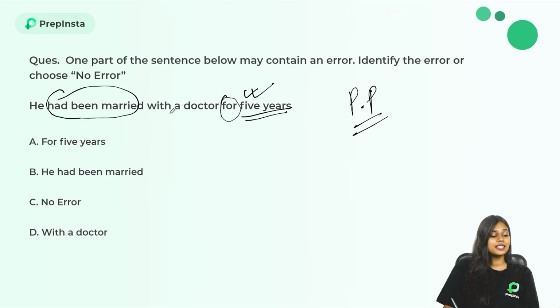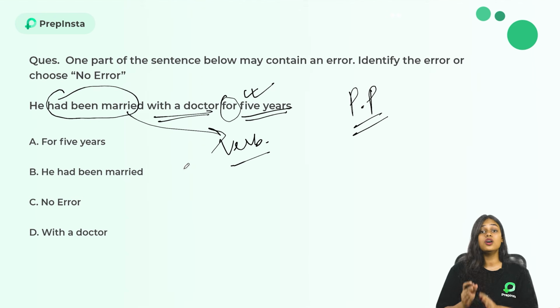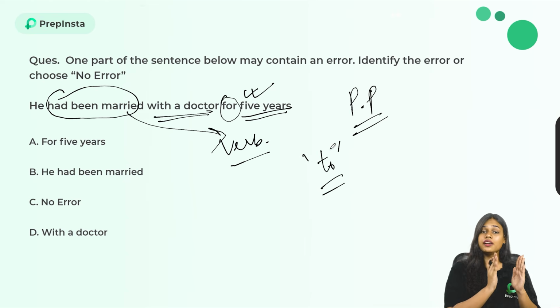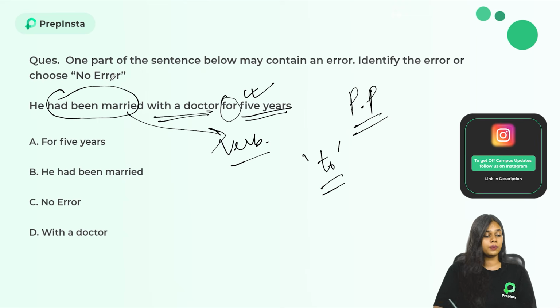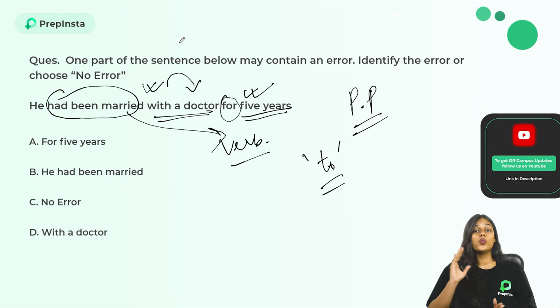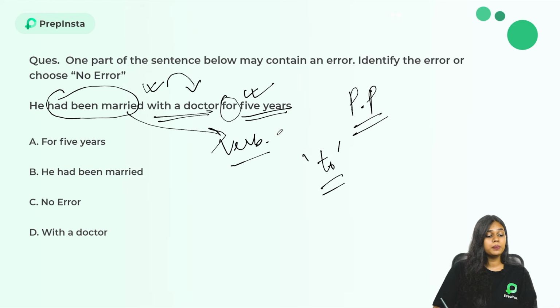What is incorrect is with the doctor. Whenever we are using the word married as a verb in the past, we only use the preposition to with it and not with. Whenever we are using marriage, a noun, with another noun, marriage with a doctor would be fine, but a verb relating to a noun uses the preposition to and not with.